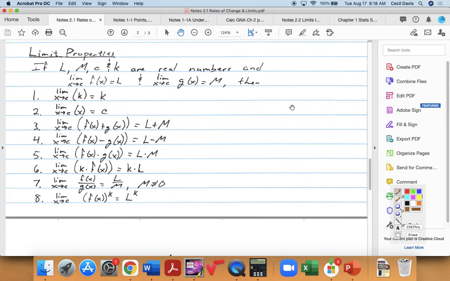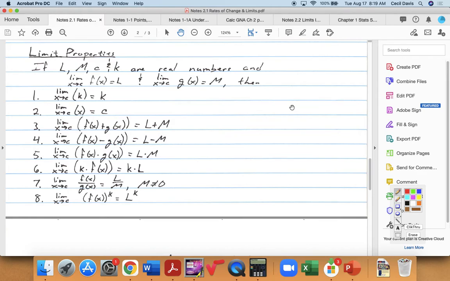That's pretty self-evident. When x gets close to c, what does x get close to? c. Okay. The next one, you can add or subtract two functions' limits. The limit as x approaches c of f of x plus g of x is whatever f of x goes to plus whatever g of x goes to. Same for subtraction. Also true for multiplication. That's pretty nice that I could multiply those answers together.